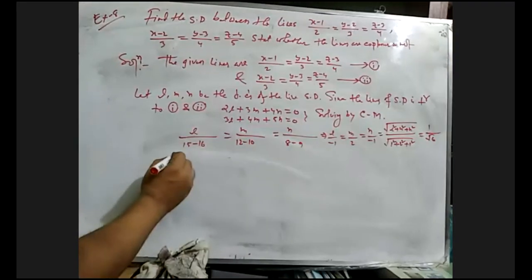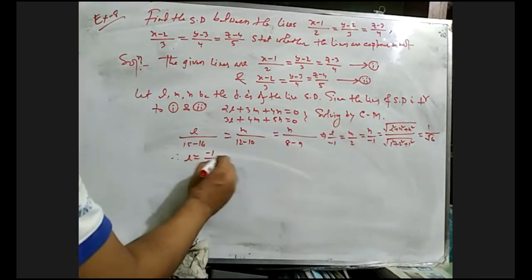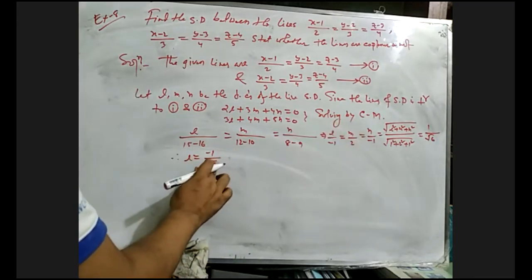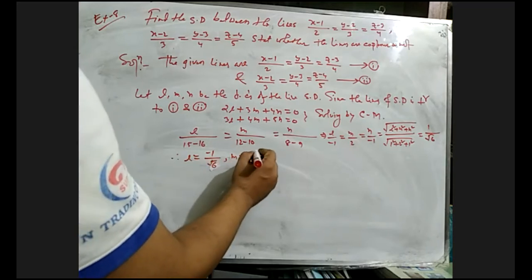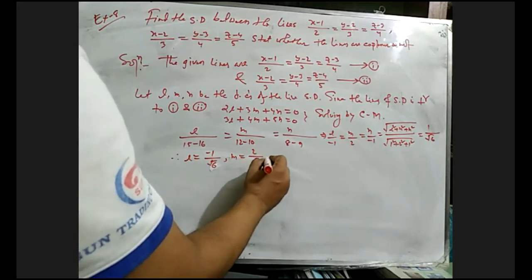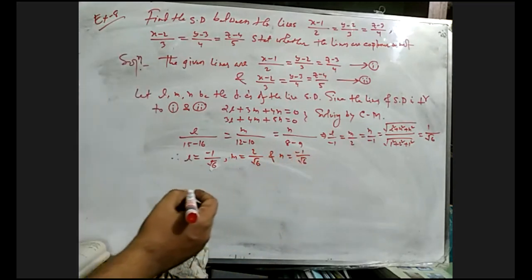Therefore l equals minus 1 by root over 6, m equals 2 divided by root over 6, and n equals minus 1 by root over 6.